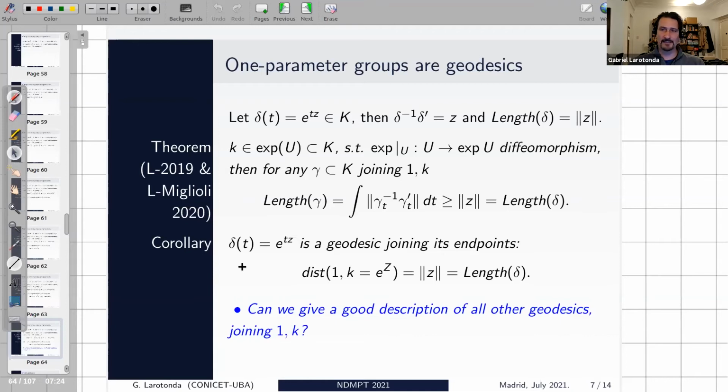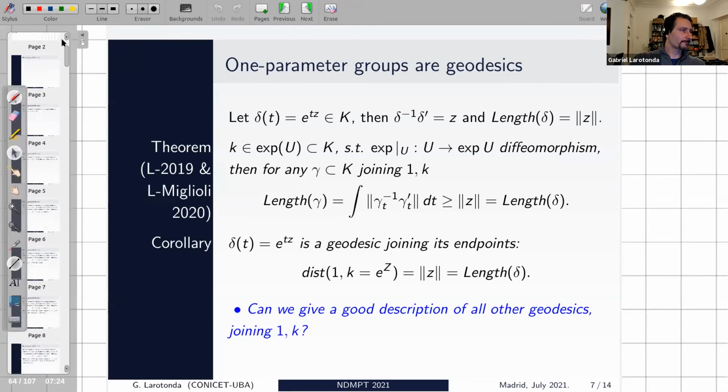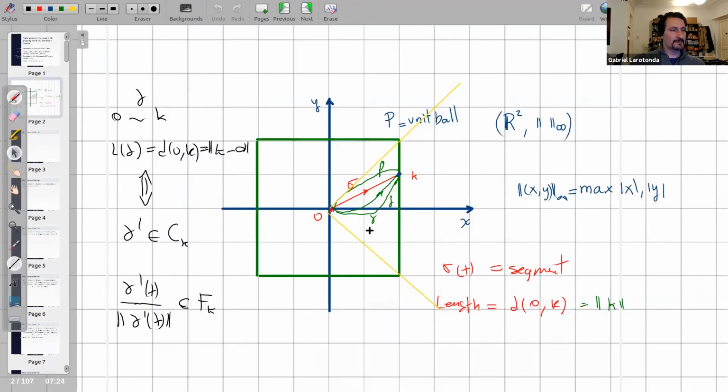Remember in that case, the speed of these curves should not leave. You draw the speed here, you draw it in the origin, it's here. It does not leave the cone, or normalize it, it does not leave the face. This is very nice, which I think is a very nice result because usually the geometry of the Lie group is much more complicated than the geometry of a normed space, right?